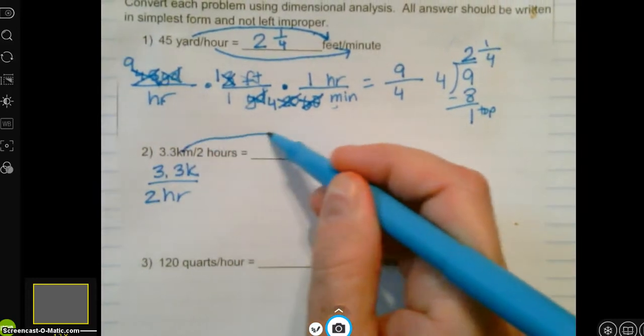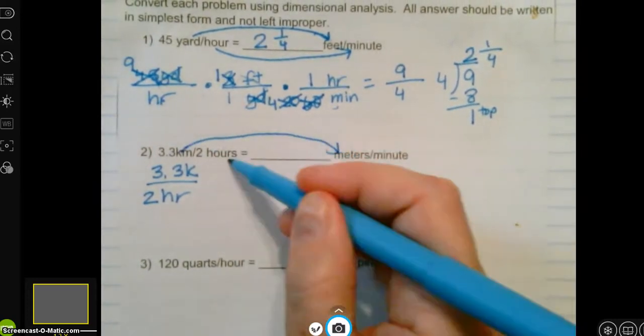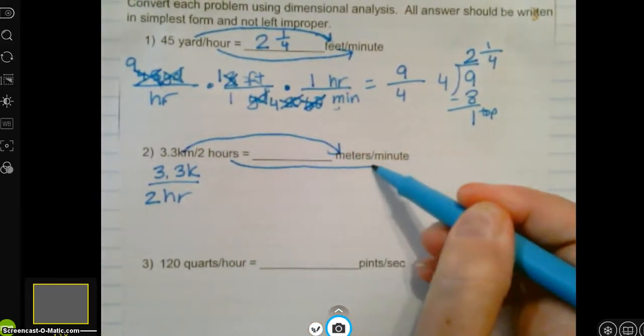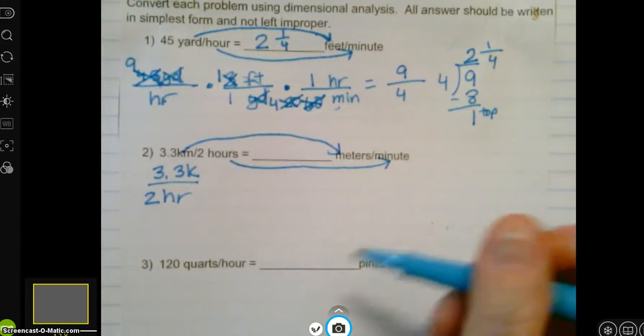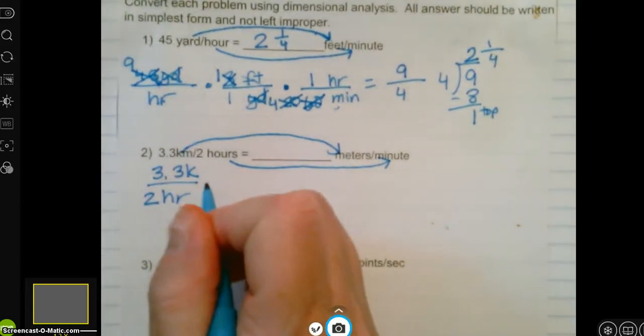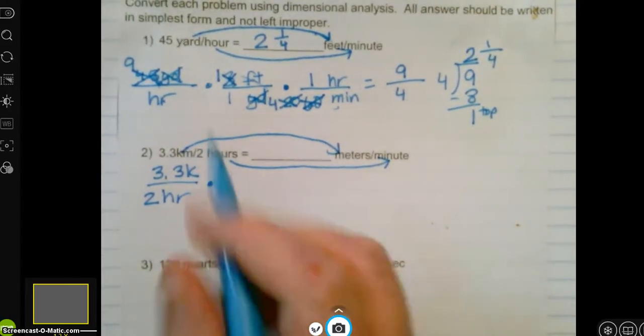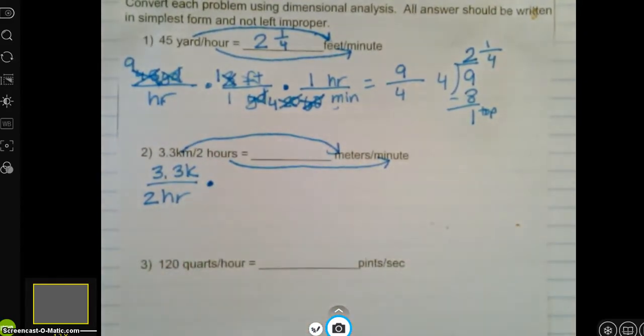Kilometers, I will change that into meters. Hours will go into minutes. Okay? So now, like I said, we're going to be looking at the metric. So kilometers into meters.